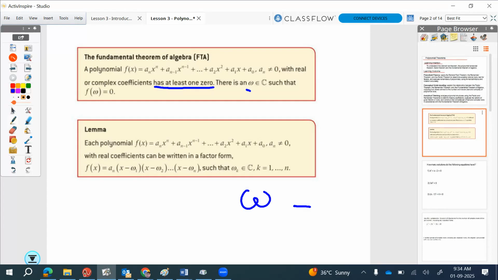It's the lowercase version of this symbol, omega. So it says that omega is an element of the set of complex numbers. Because it has to have one root, that root would be omega. There has to be a root such that f of omega is equal to 0.